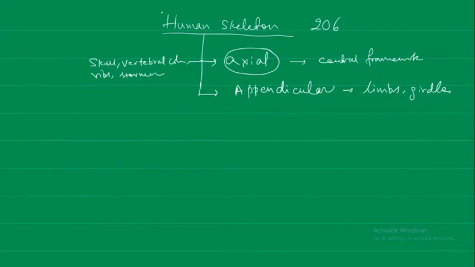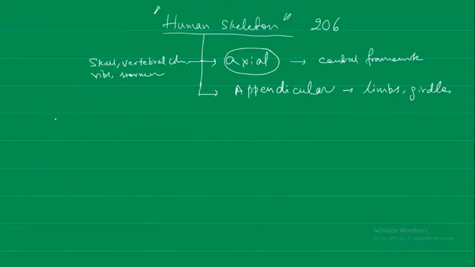We are breaking the human skeleton down into these two, axial and appendicular, for our benefit of understanding. So this one is the central framework: the skull, vertebral column, ribs and sternum. The appendicular will have the limbs and girdles.